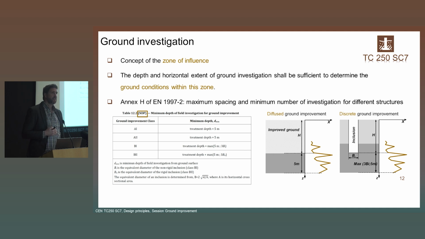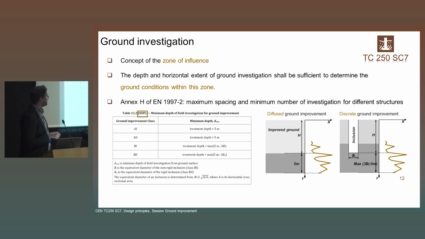Another discussion concerned the definition of the ground investigation for ground improvement, and it was based, as for the other clauses, on the concept of zone of influence, with a minimum depth and horizontal extent for this ground investigation to be defined, to be sure that you have enough information inside this zone of influence. This is done taking into account the nature of the ground improvement process, diffused or discrete. For diffused ground improvement, you perform the ground investigation until 5 meters under the soft soil which has been improved.